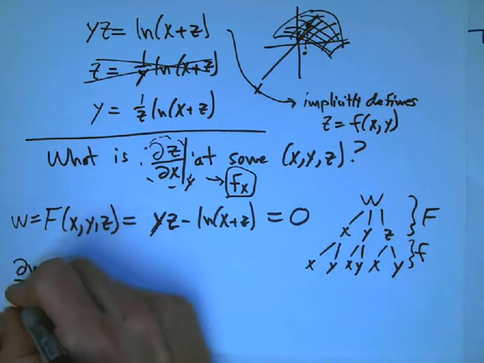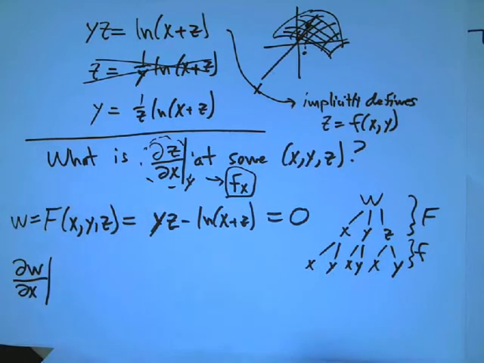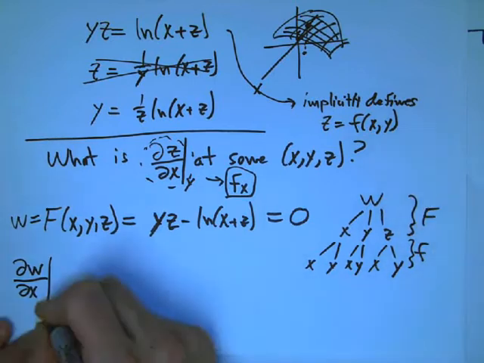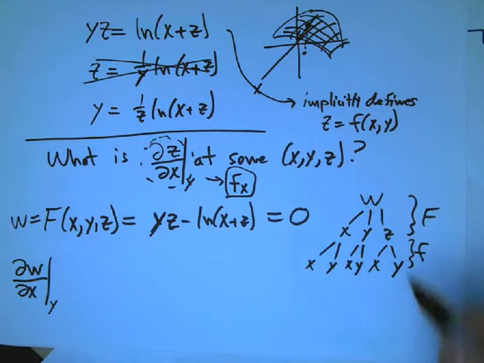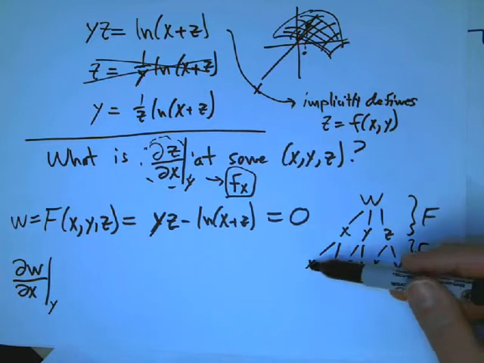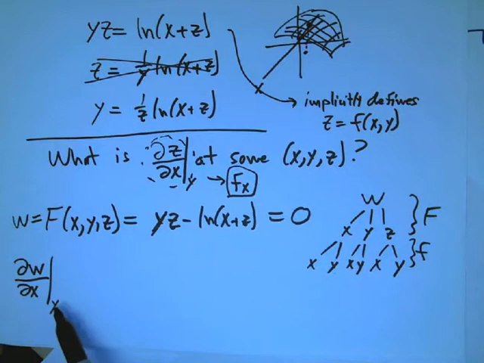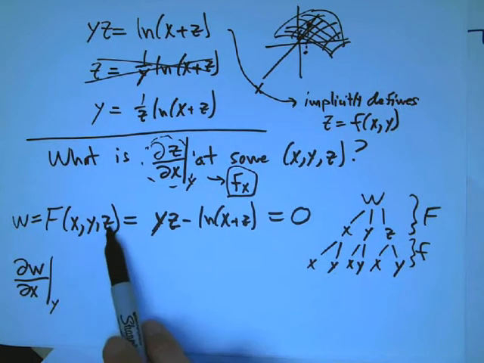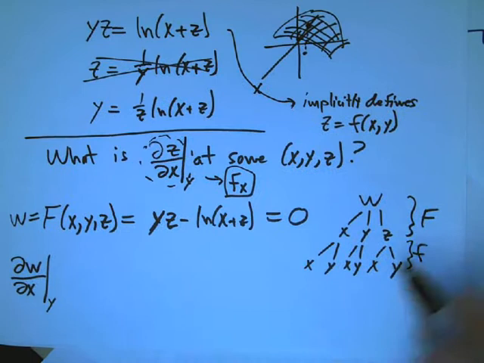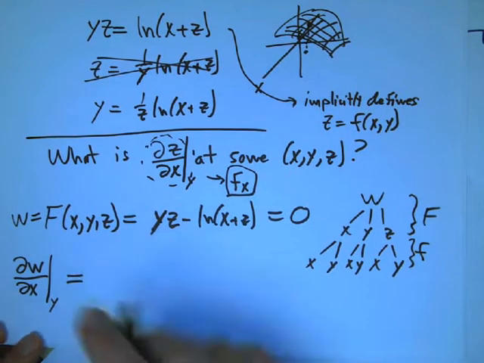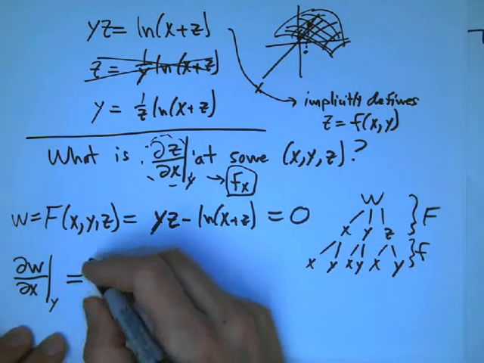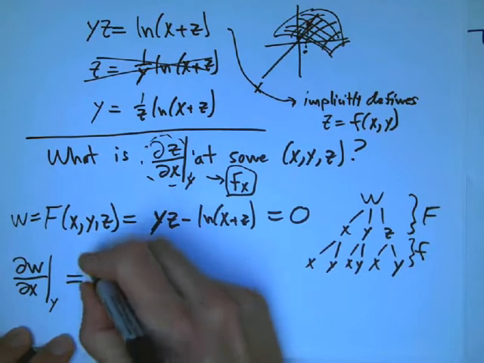I let z be little f of x and y. And if you look at the treatment in the book, it's pretty good, but it does not make this distinction very clear. So that's going to be how w depends on x with both y and z held constant. Or at the same time, I'm going to write it with the f sub notation. That's just big F sub x. That's only looking at the top level of the tree.